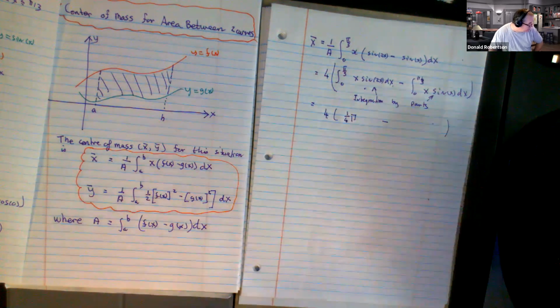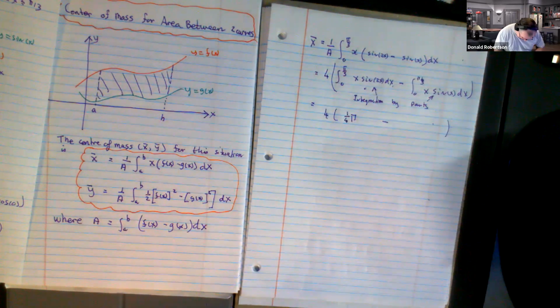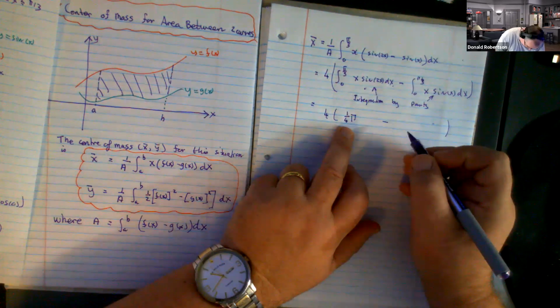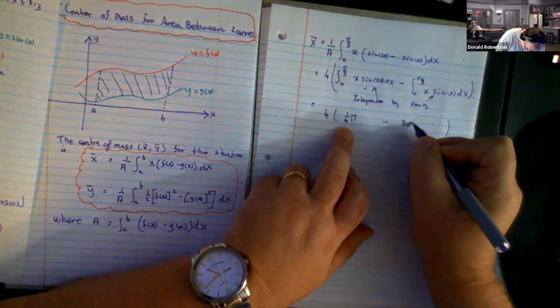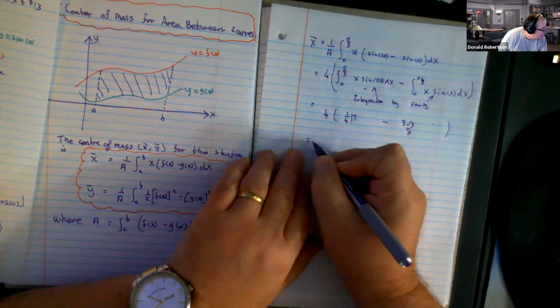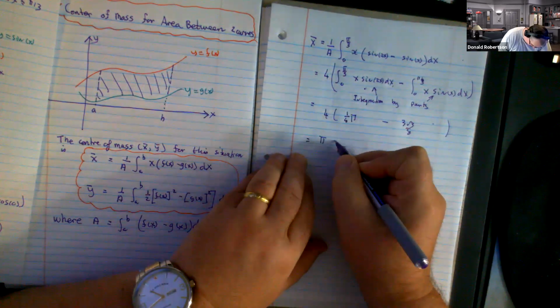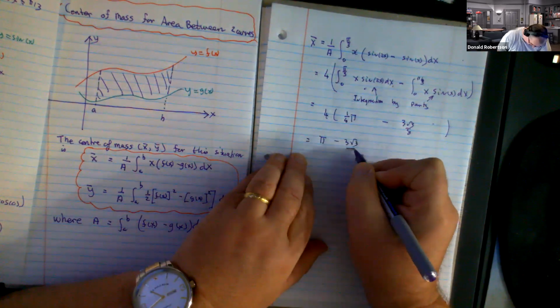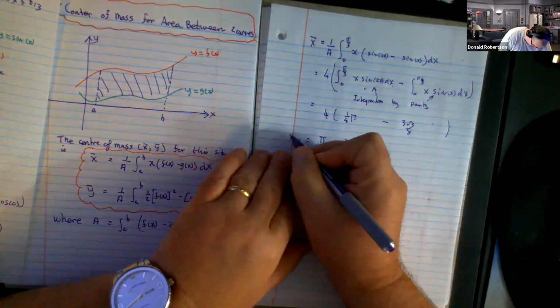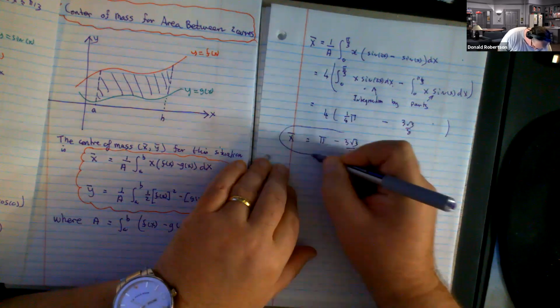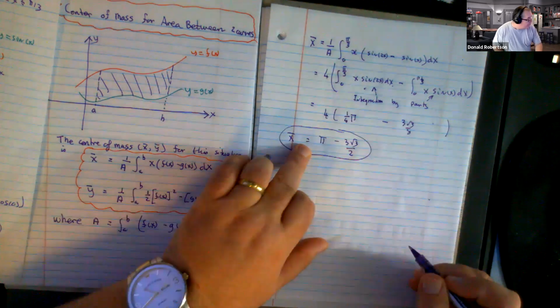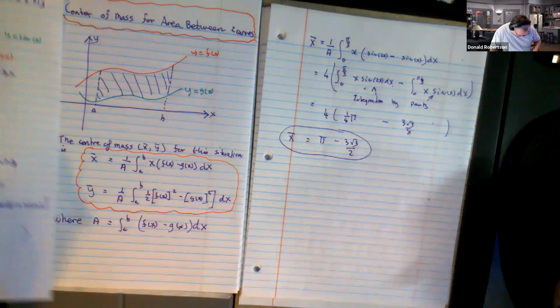Just looking up the answer here, so I don't have to do it. 1/4 pi, take away 3/8. So the whole thing ends up being pi, take away 3√3/2. So you can imagine there's a lot of work just to get to there. Fortunately, there is no symmetry in this shape.